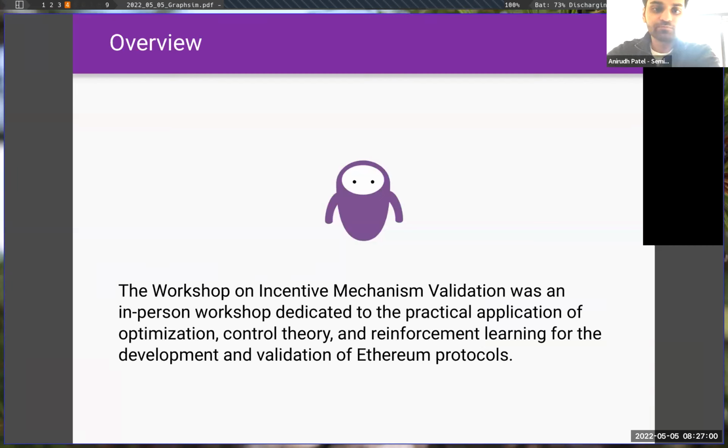Cool. So the workshop that we put together in Amsterdam was basically dedicated to the practical application of optimization, control theory, and reinforcement learning, just basically agent-based modeling techniques for the development and validation of Ethereum protocols.